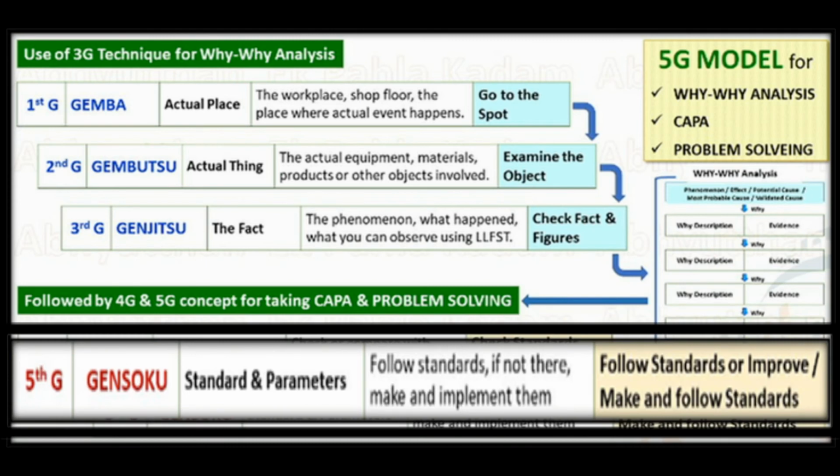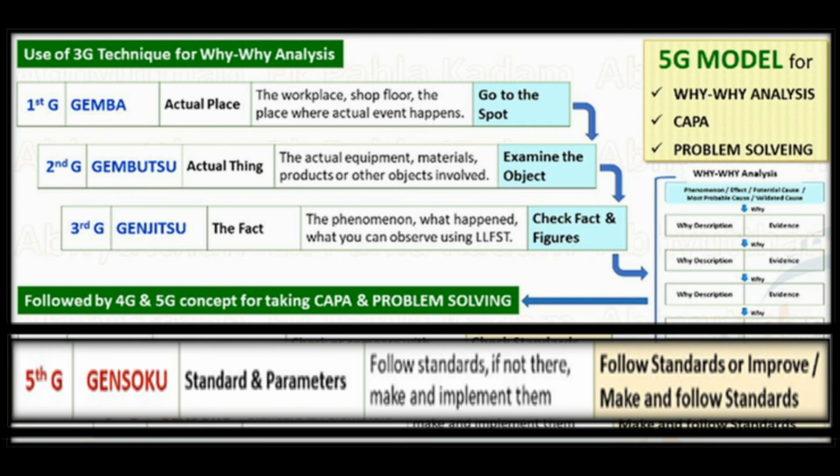Now come to the 5th pillar of this 5G model, that is Gensoku. Gensoku means standard and parameters. When you have checked all that, then you have to re-standardize those manuals, scopes and instructions based on your analysis and the root cause that has come out from the Why Analysis.